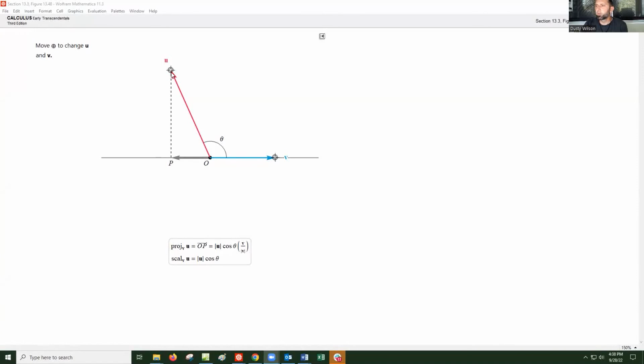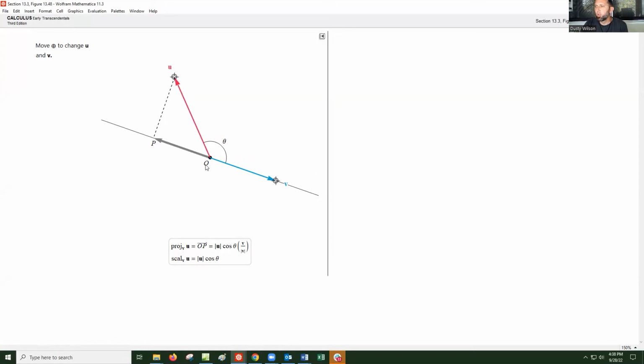So here's how this works. If I want to look at the projection, or the shadow, of vector U in the direction of V, notice that if they're running in roughly the same direction, vector U projects onto the shadow of vector V. That would be this projection of U in the direction of V, or this OP.